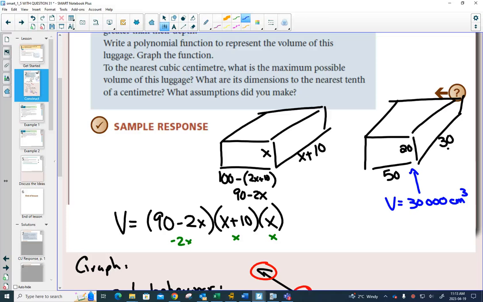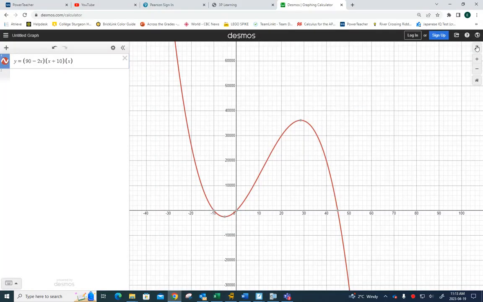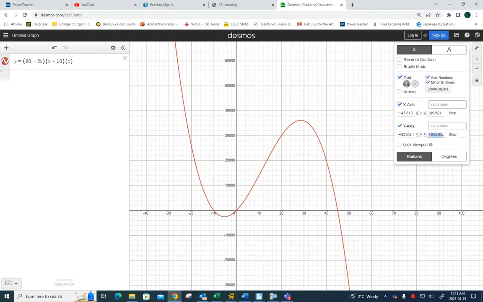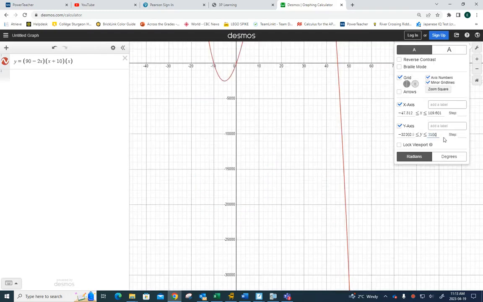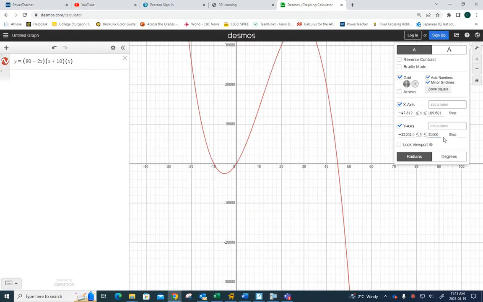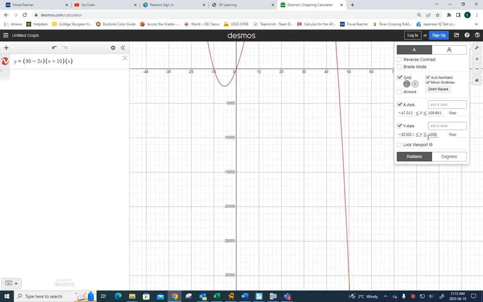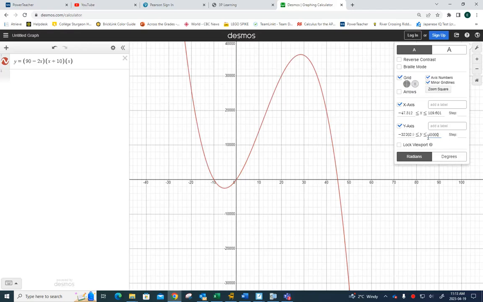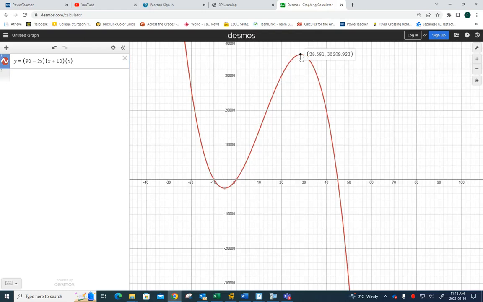I know that it's going to be at least 30,000. So if I had done that math first in Desmos, I would have said, okay, in my tools, I know it's at least 30,000. Let's do 31,000, see if that's enough. Oh, it's not quite enough. And then I'd go back, I'll do 40,000. Yay, it's enough. Click on that, find it, 28.6, 36,209.